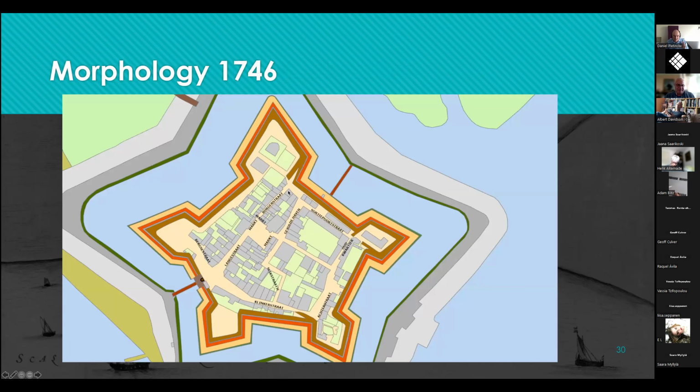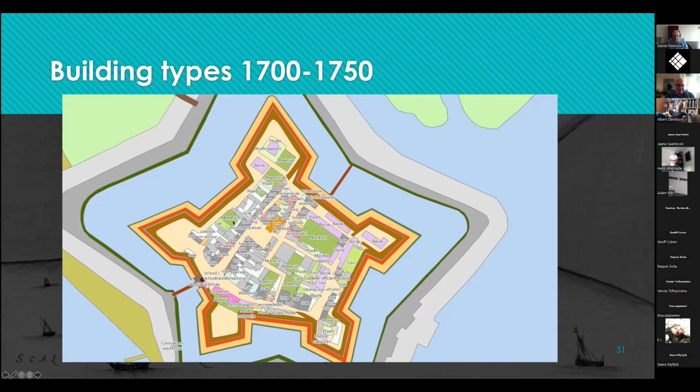This is straight on the map from the recordings in the 18th century about the different parcels and about the different functions. And this is what we know of each of these places. The purple things are military. The dark gray things are living houses.